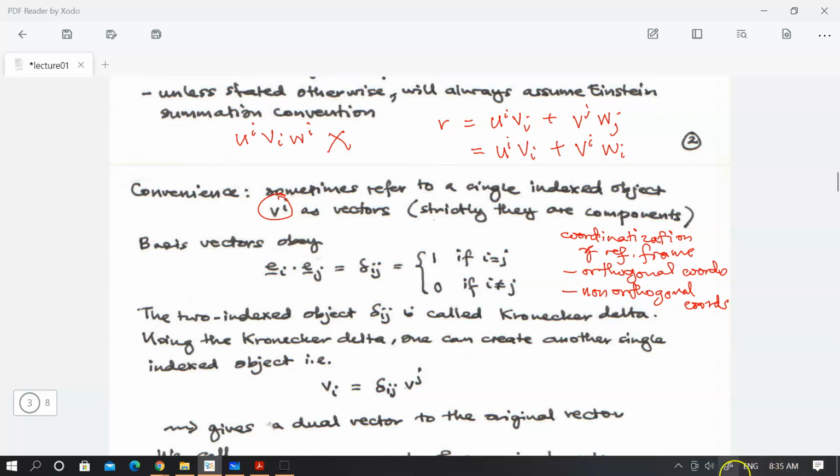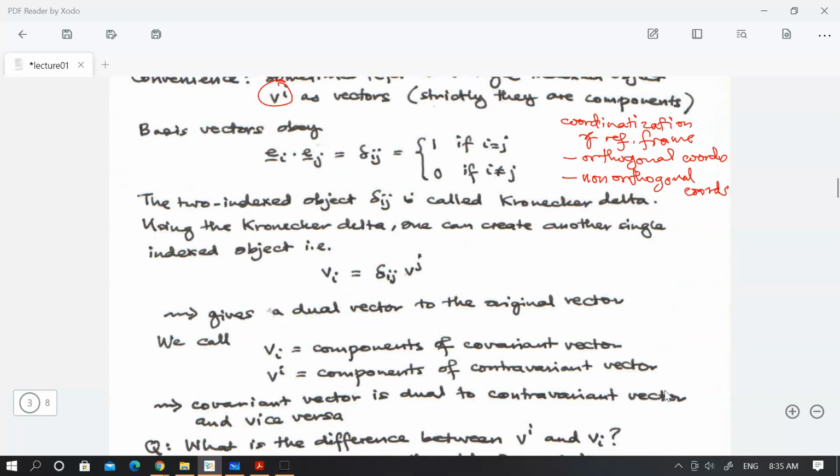The Kronecker delta, as you see written here, can act like what you call an index lowering operator. You remember that our vector that has been introduced so far has the index on top.